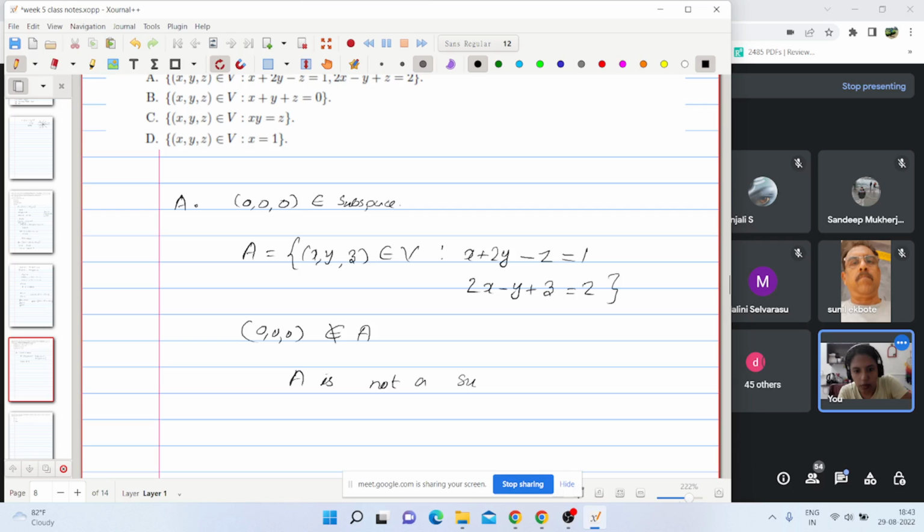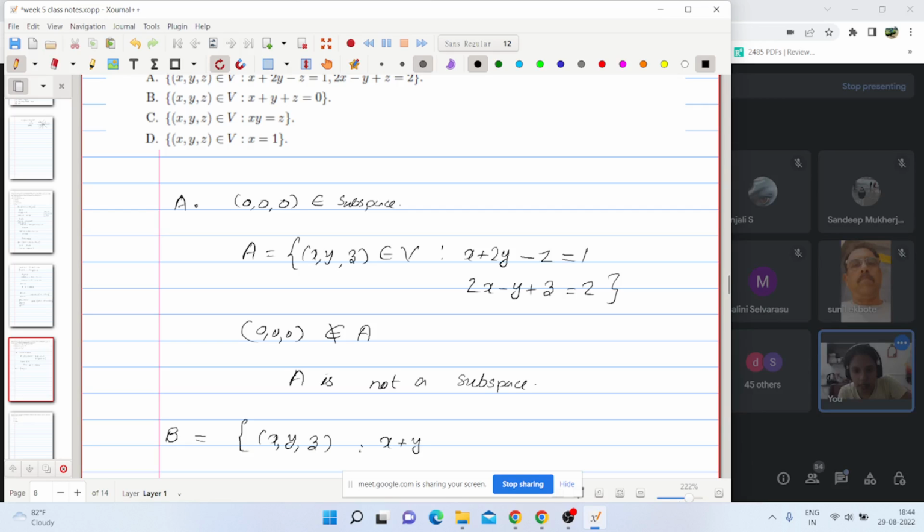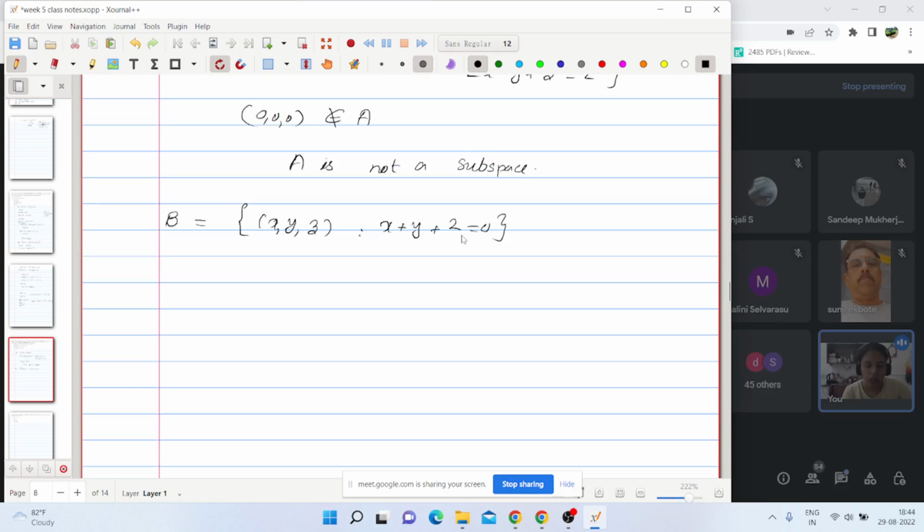Now let us go to the second one. B is the set of all x, y, z such that x plus y plus z equals 0. So what do you think about B? First of all, does this B contain our 0 element?